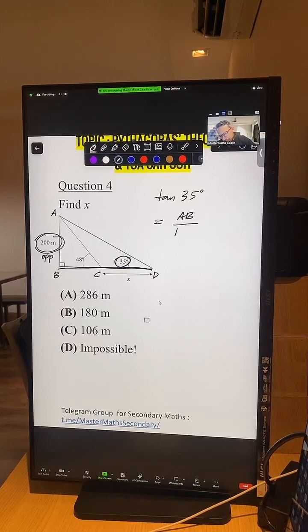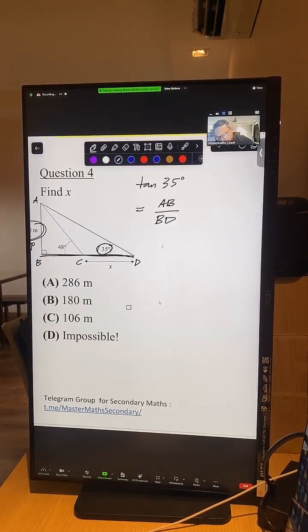Adjacent here is BD. Again, we are talking about the bigger triangle, guys. The bigger right angle triangle. So we know that AB is 200 meters. Therefore, BD will actually be 200 over tangent 35 degrees.